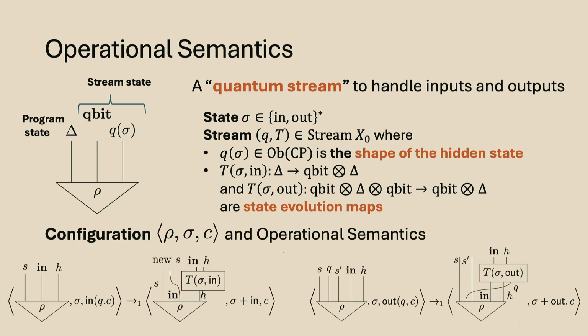The types don't tell you that much, but what the state evolution maps actually say is that, in the operational semantics, they act on exactly what you expect. When the program asks for input, you just give the input and then apply that state evolution map on the rest of the stream state. And when the program gives an output, you give the output to the hidden state and then apply the state evolution map.